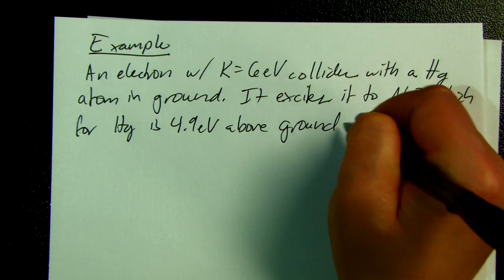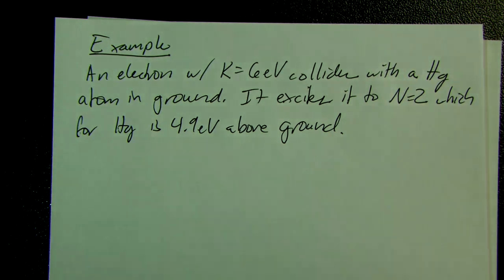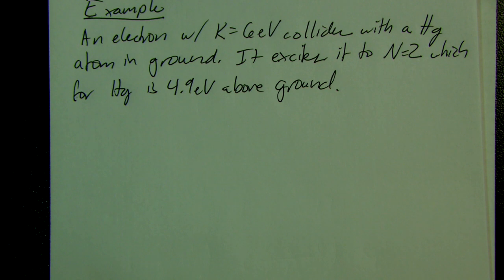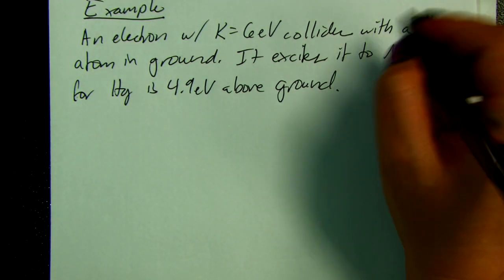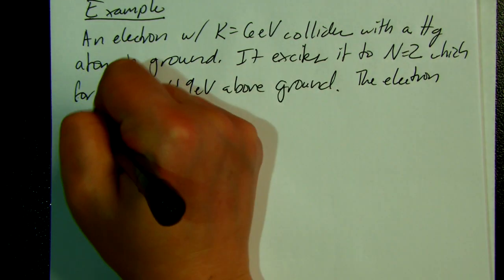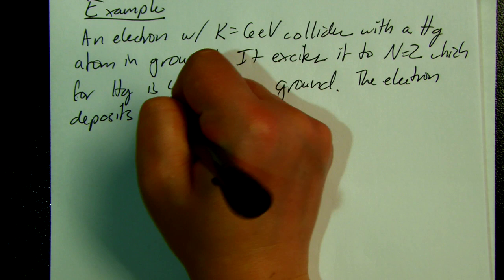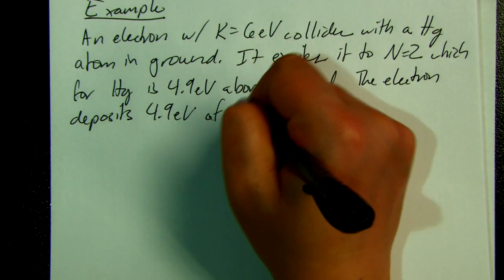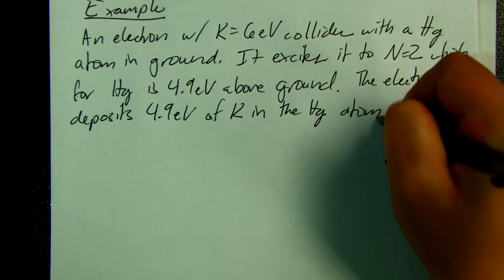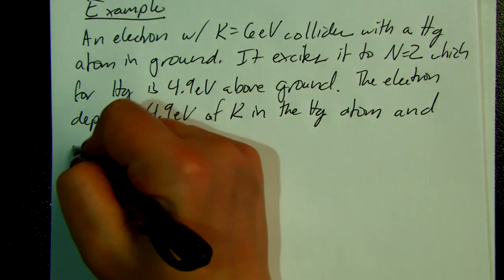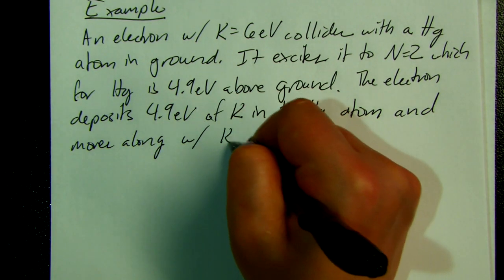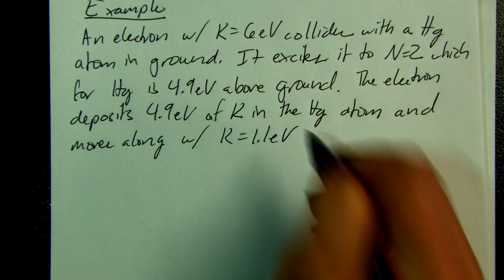So we know that this atom has taken 4.9 eV of energy from that electron. The electron deposits 4.9 eV of kinetic energy into the Hg atom and goes on its way with a kinetic energy of 1.1 eV left over.